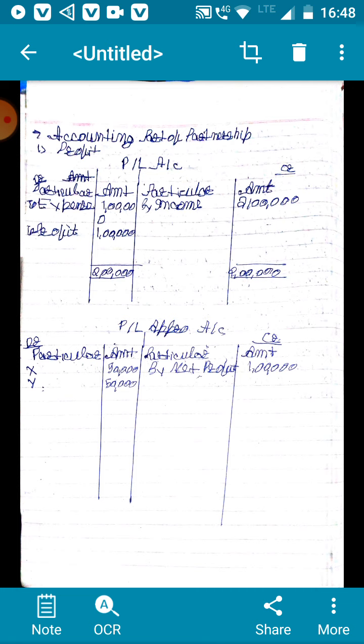Like net profit of 1 lakh is transferred from the profit and loss account debit side to the profit and loss appropriation account credit side.